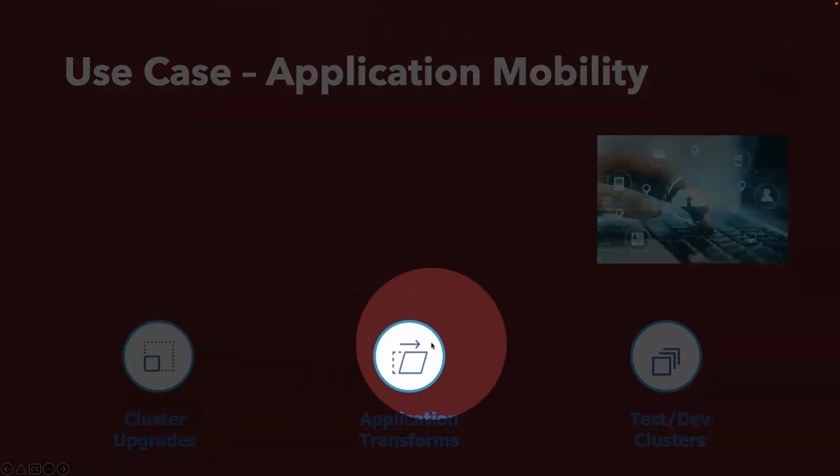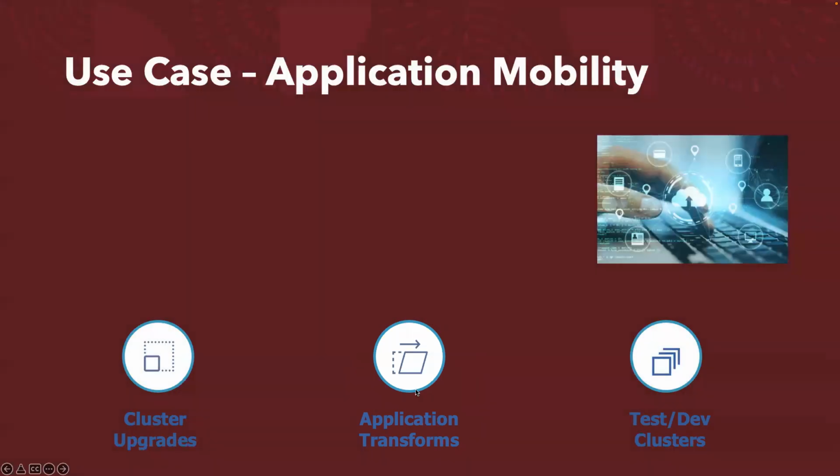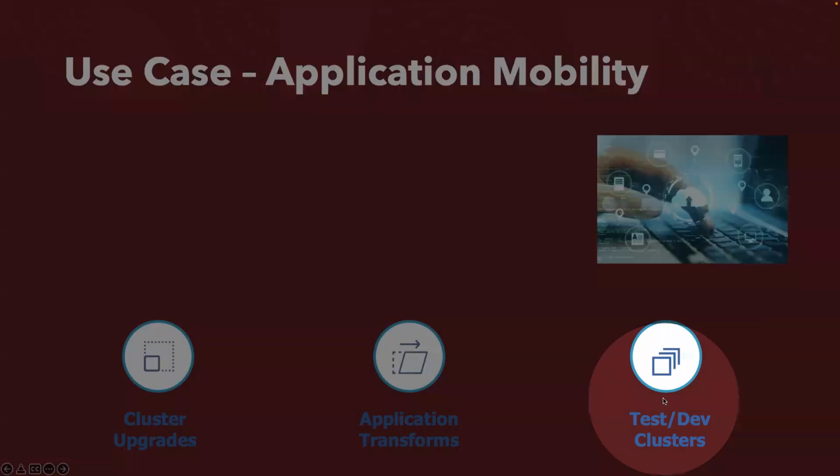As part of the migration, you can apply application transformation. Remember, we transformed the storage class, and we also transformed the persistent volume size. It was 1 GB, now becomes 20 gigabytes. And for test dev, you might want to migrate from test dev to production, or production back to test dev. So all different use cases.